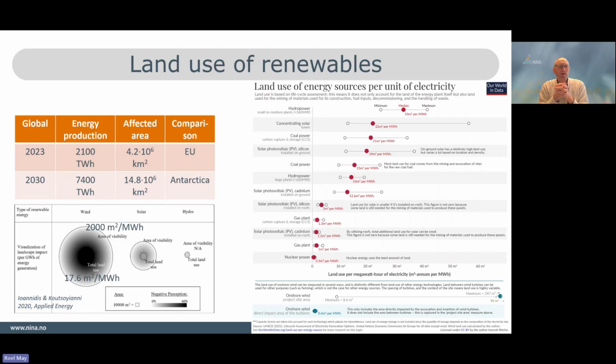That's not a lot. But of course, you're not building one wind turbine, you're building a wind farm, which means you have a much larger project area and influence area, the area where you potentially have an impact on biodiversity. And as the numbers show, that can be quite large if you put all the turbines on the globe together in one area.